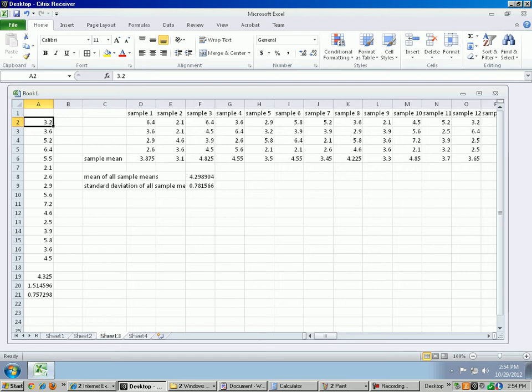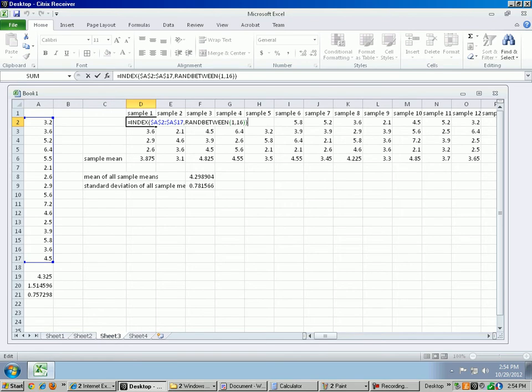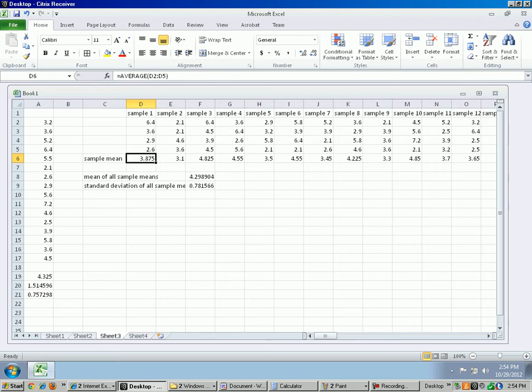I used a command called INDEX, and here's the syntax: INDEX of A2 through A17, where our fish weights are, comma, RANDBETWEEN 1 and 16, which randomly picks a number from 1 to 16 and then picks one of those fish at random. So I got 6.4 as a randomly chosen fish, then 3.6, then 2.9, then 2.6, and the average of those four randomly chosen fish is 3.875 grams.